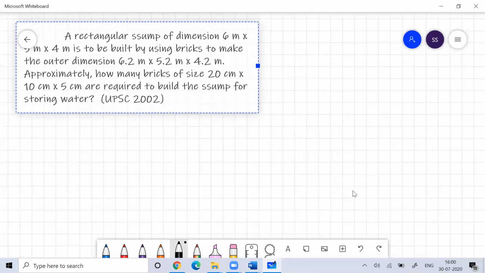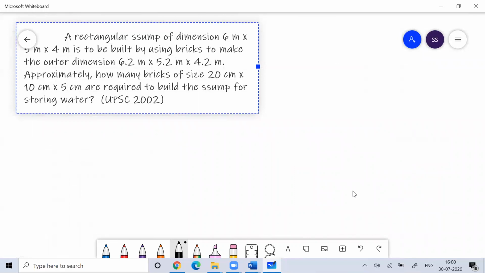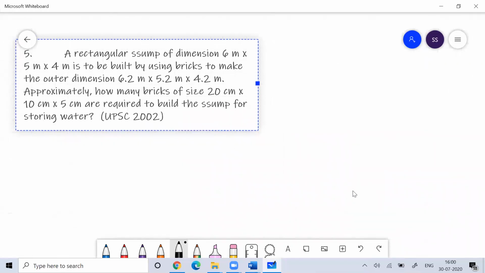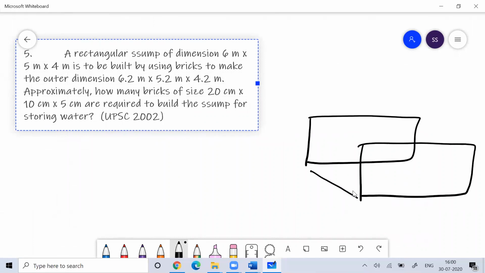Now see this, a rectangular sump of dimension 6 into 5 into 4. This is built by using bricks to make the outer dimension.